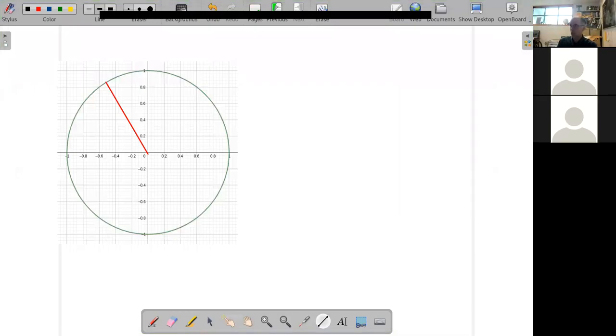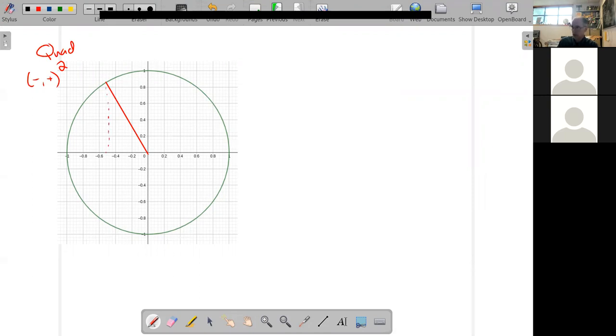All right, new situation here. So notice that here I am in quadrant 2. And in quadrant 2, we have x is negative and y is positive. And then in this situation, I'm going to give the x value.